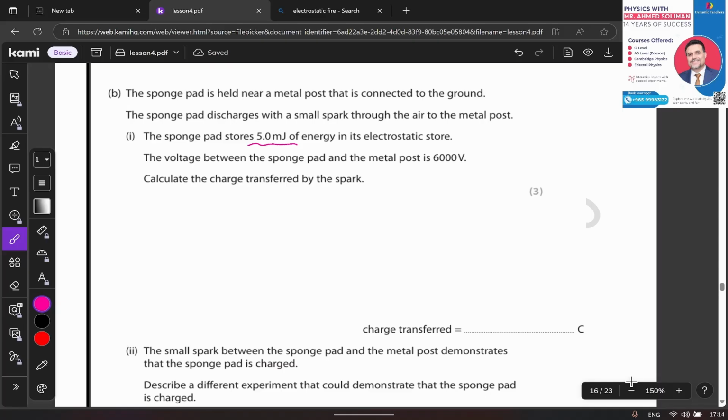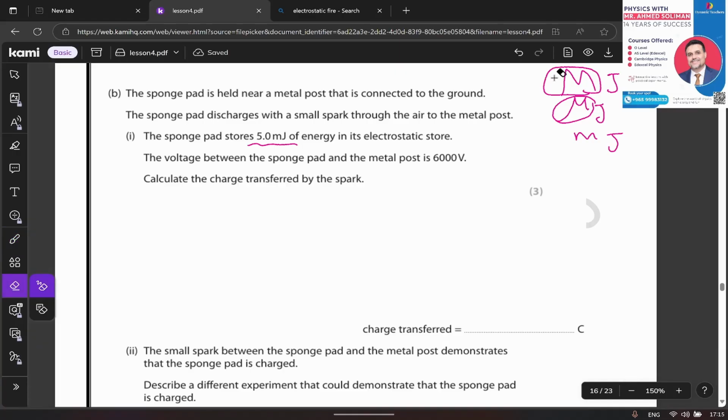This is milli, micro will be like this, and this is mega. So this is a big difference between micro and mega. Mega is a capital letter M. The sponge pad stores 5 millijoules of energy in its electrostatic store.